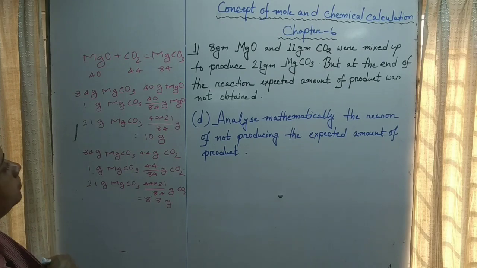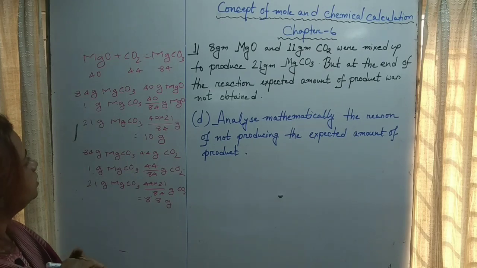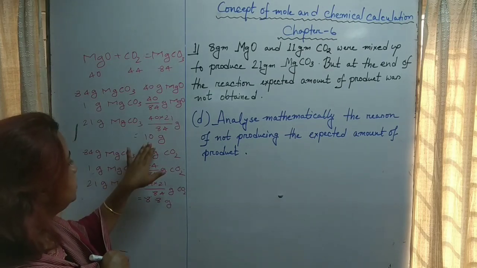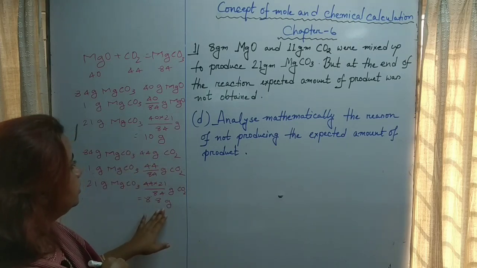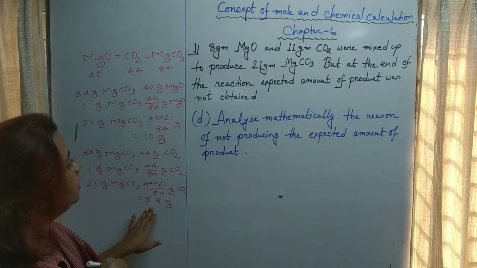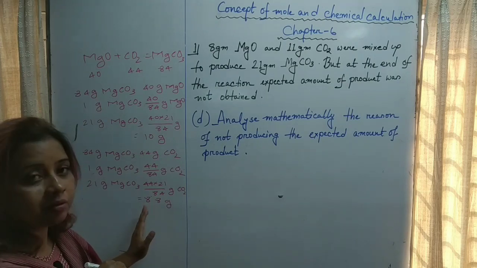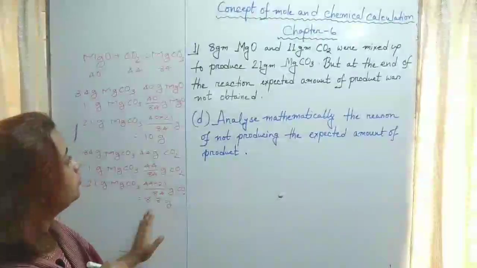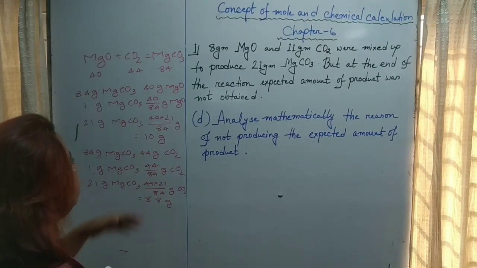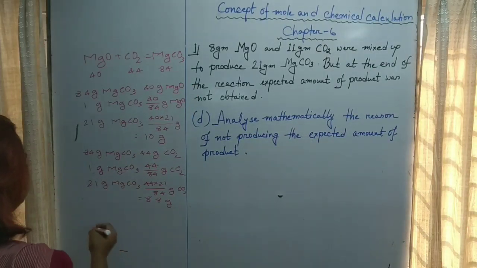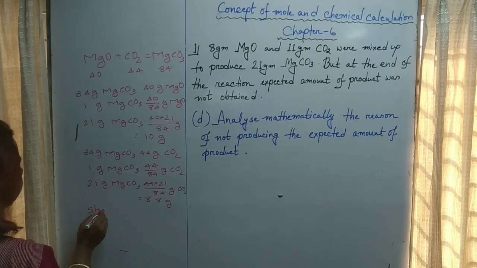Now you see, we need 10 gram magnesium oxide and 8.8 gram carbon dioxide. Carbon dioxide has been given 11 gram, so a sufficient amount of carbon dioxide has been given. But we need 10 gram magnesium oxide, while the given amount is 8 gram. Therefore, there is a shortage of magnesium oxide.